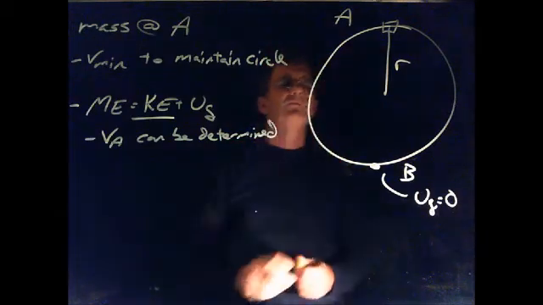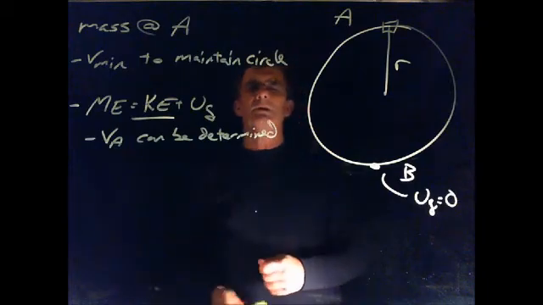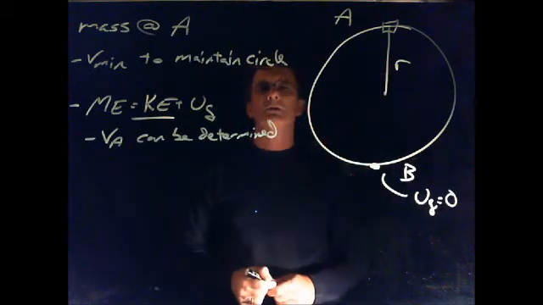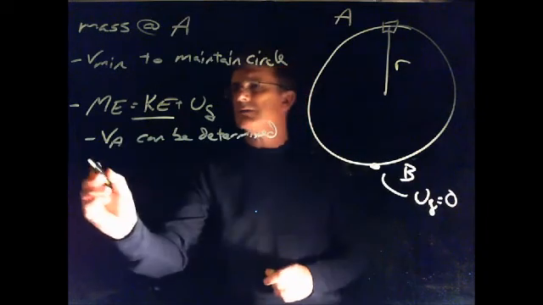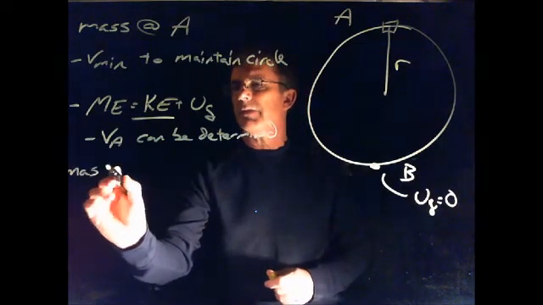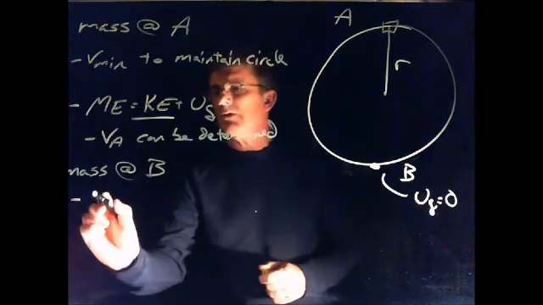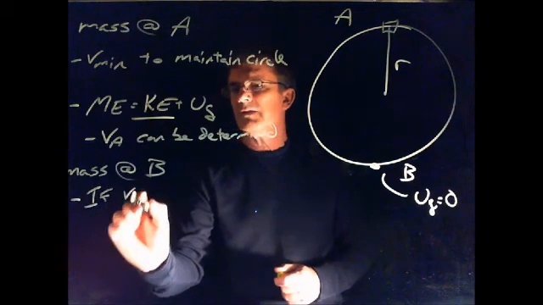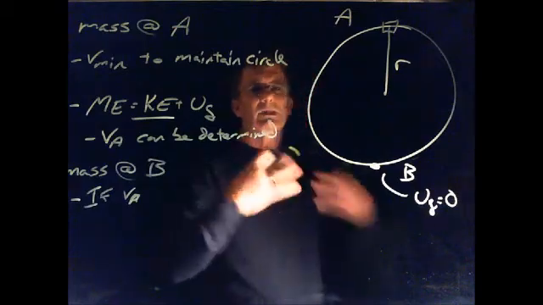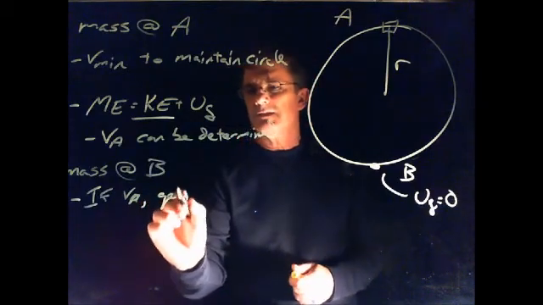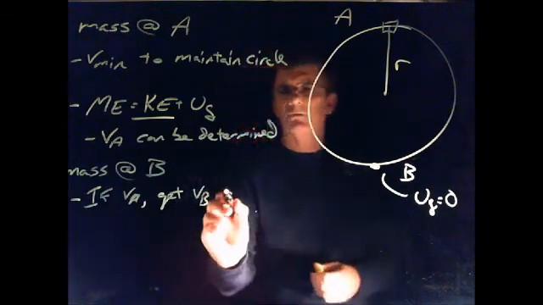Sometimes they ask for the minimum velocity, then we know v, then we know kinetic energy, and we know gravitational potential, and we can convert that to the mass at point B. So now, let's say our mass is at B. If we know the velocity at point A, we can get the velocity at point B by using the conservation of mechanical energy.